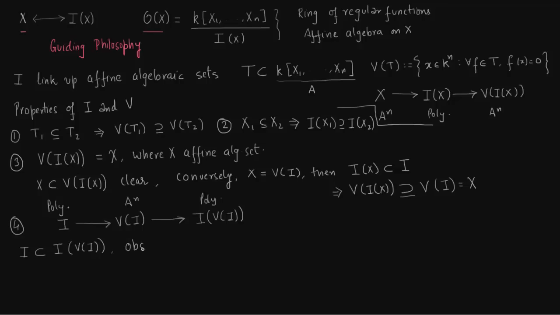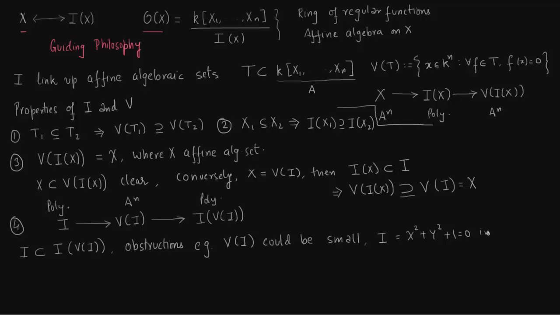Say you take a polynomial which is not in I, then obviously that polynomial will not be in I of V of I. Here we do not have an equality, unlike case 3, and that is because the variety of I could be extremely small.